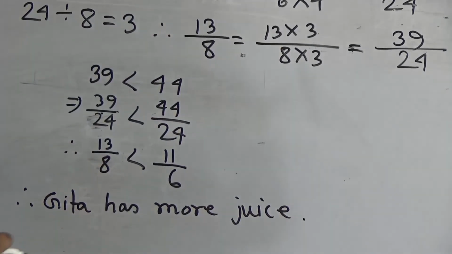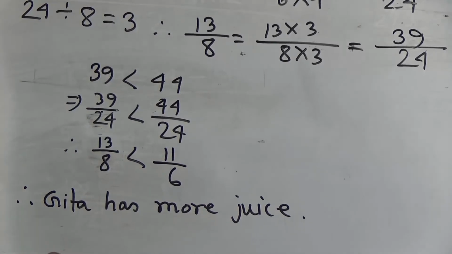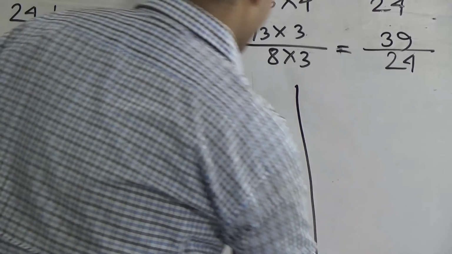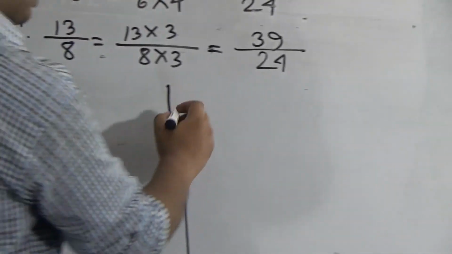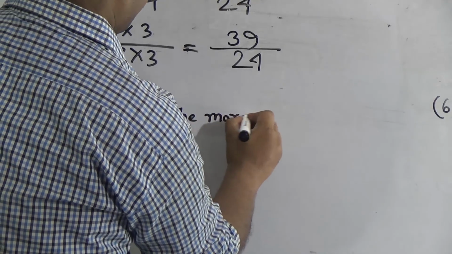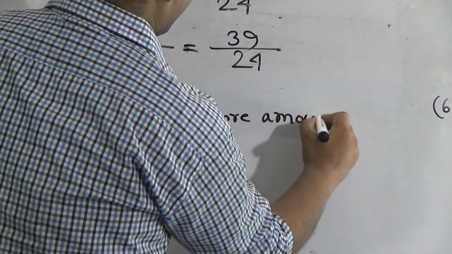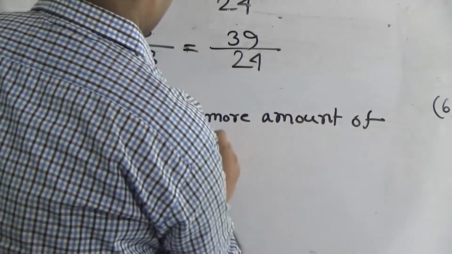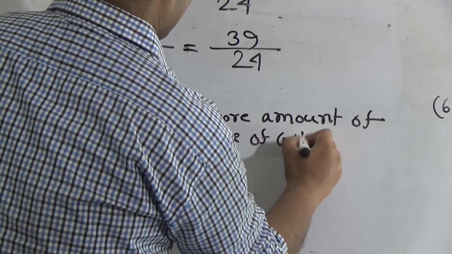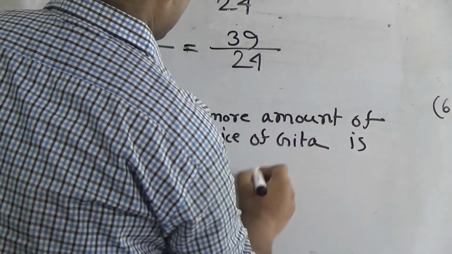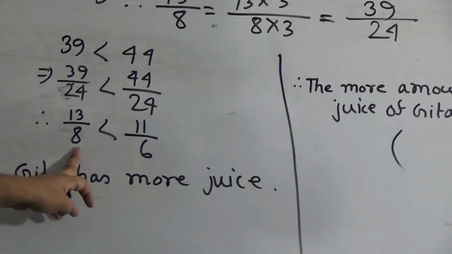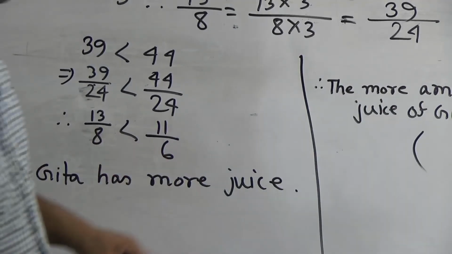Now my dear student, we need to find out what is the amount. So now we find out the more amount. Therefore the more amount of juice of Gita is, we subtract 13/8 from 11/6.